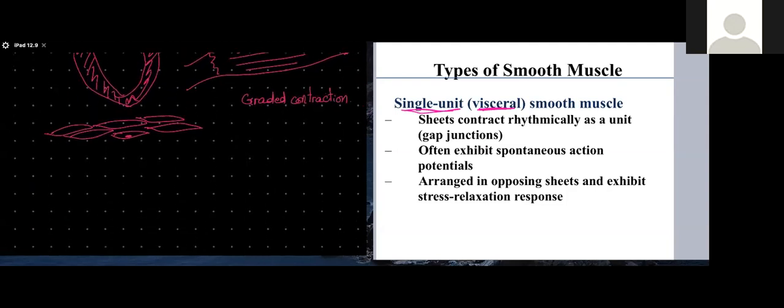So try to imagine this is part of the large or small intestine. This part did contract like this, and this segment did not contract. What's going to happen? So this segment contracted, pushing the intestines forward, but the following segment did not contract.